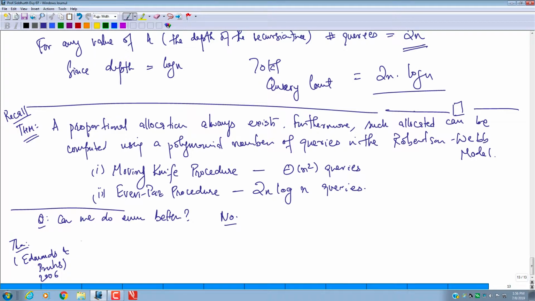The theorem of Edmonds and Pruhs says that if I look at any proportional procedure, by which I mean a protocol, an algorithm that finds a proportional fair division, a division where everyone receives an interval of value at least 1 over n, then in the Robertson-Webb query model, any such proportional protocol needs omega of n log n queries.